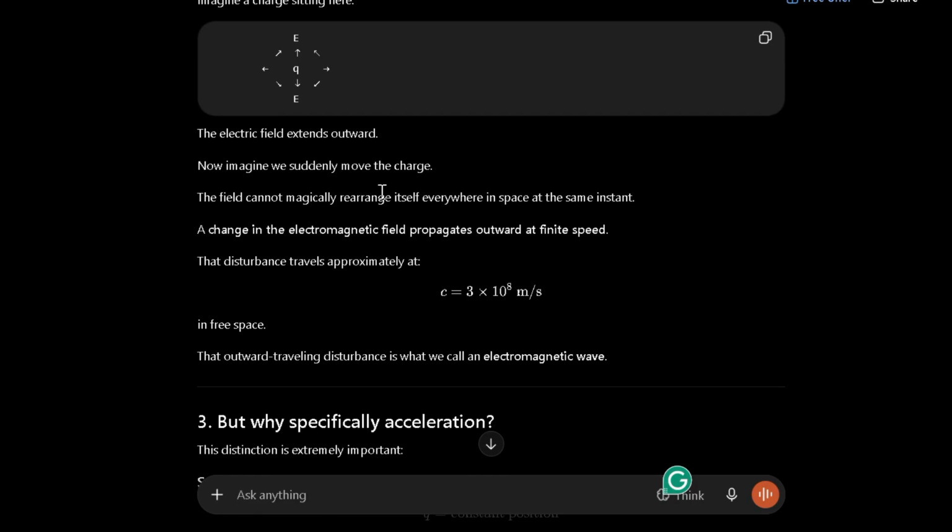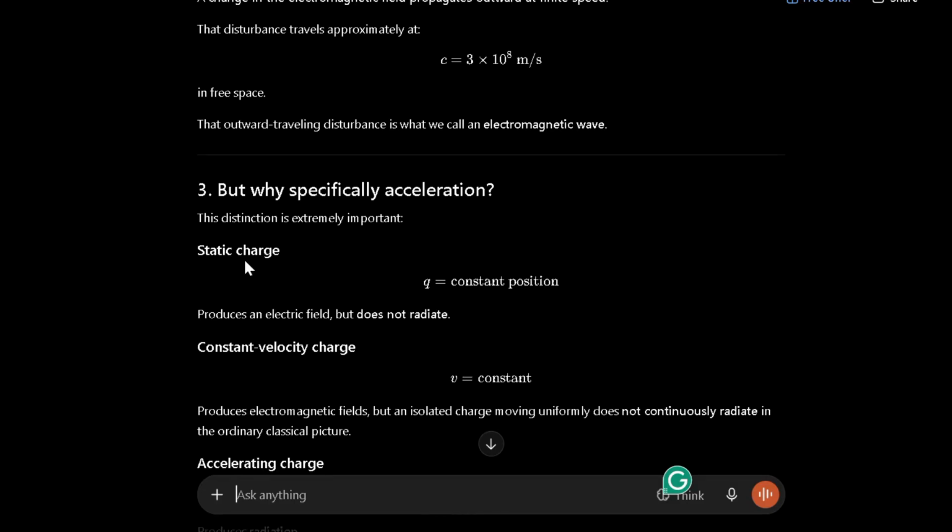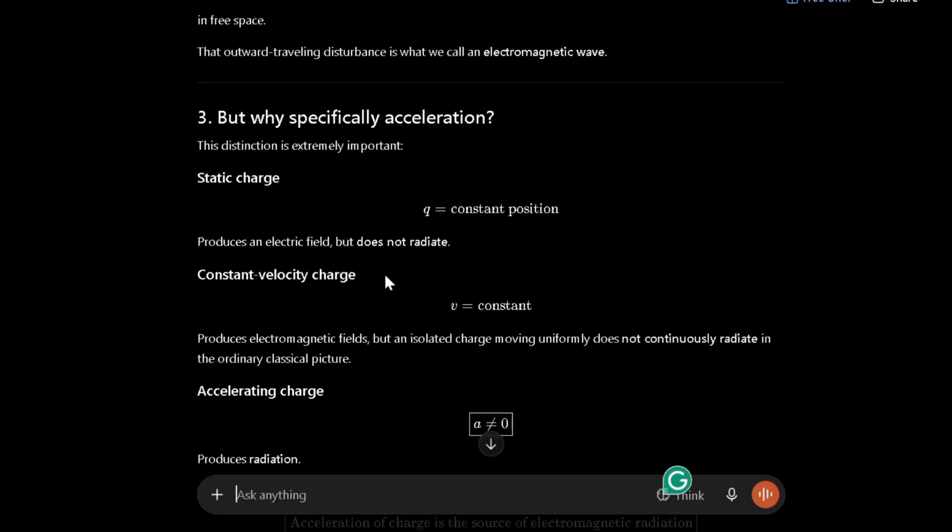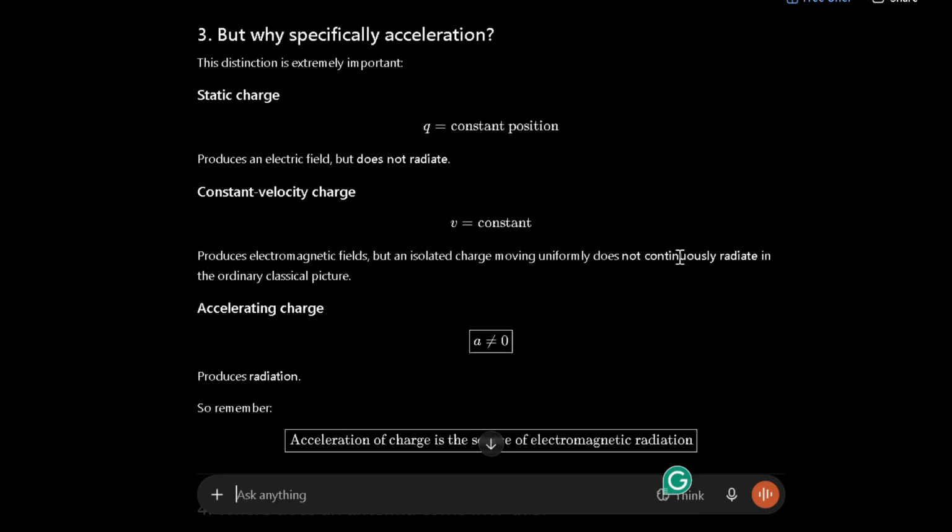Initially, it has an electric field. But specifically acceleration, this distinction is extremely important. A static charge, with constant position, produces an electric field but does not radiate. A constant velocity charge, V equals constant, produces an electromagnetic field, but an isolated charge moving uniformly does not continuously radiate. In the ordinary classical picture, an accelerating charge, A not equal to zero, produces radiation.